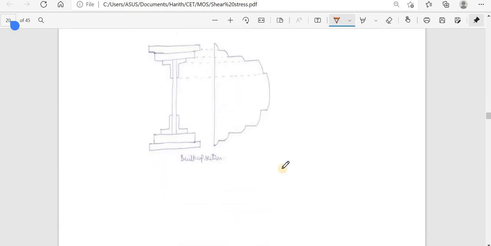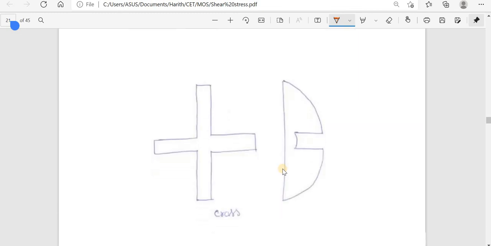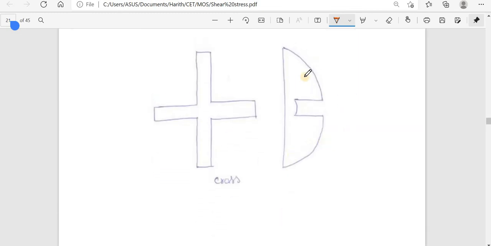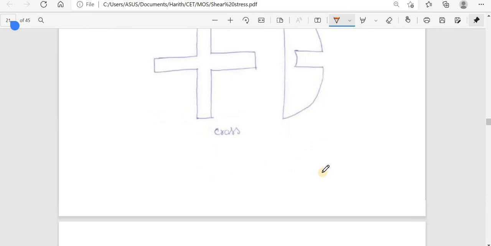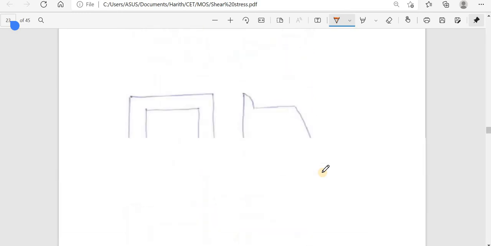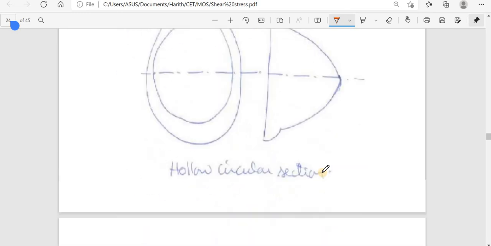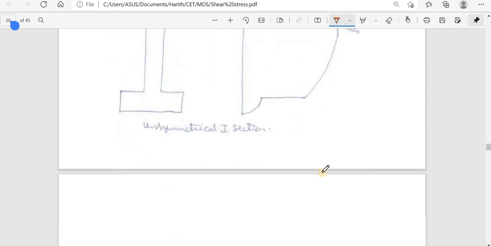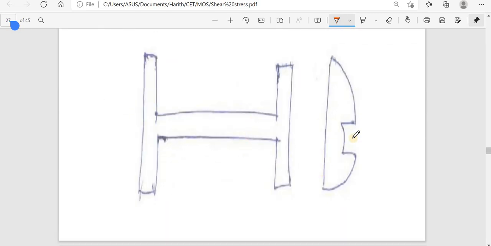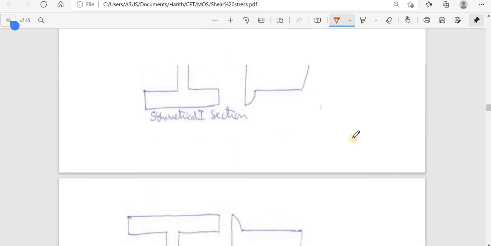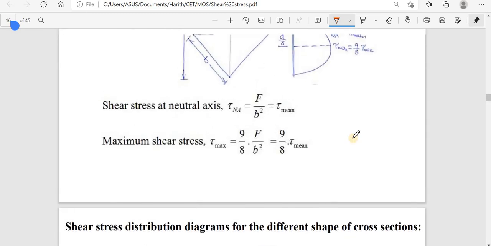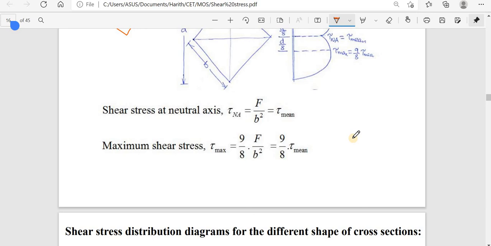For another section like this, this will be the shear stress variation. Likewise, this is a cross-shaped section. There are different types of sections, and the different variations are given here. How we obtain these variations, we will study in the coming classes.